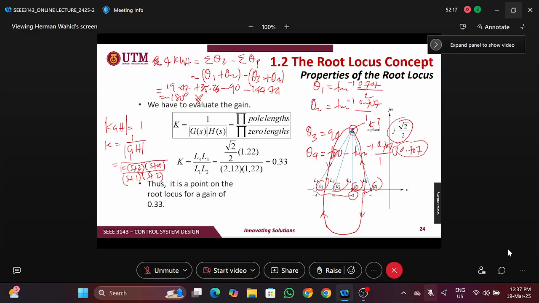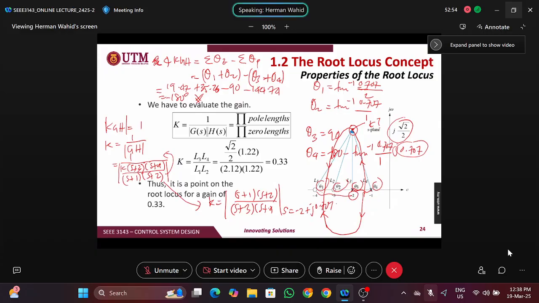Okay, so this is still with the modulus here. I continue here. So K is equal to, we bring up the denominator here, S plus 1, S plus 2 divided by S plus 3, S plus 4, and we still have a modulus here. Then we substitute with the point that we tested just now, which is negative 2 plus j 0.707.